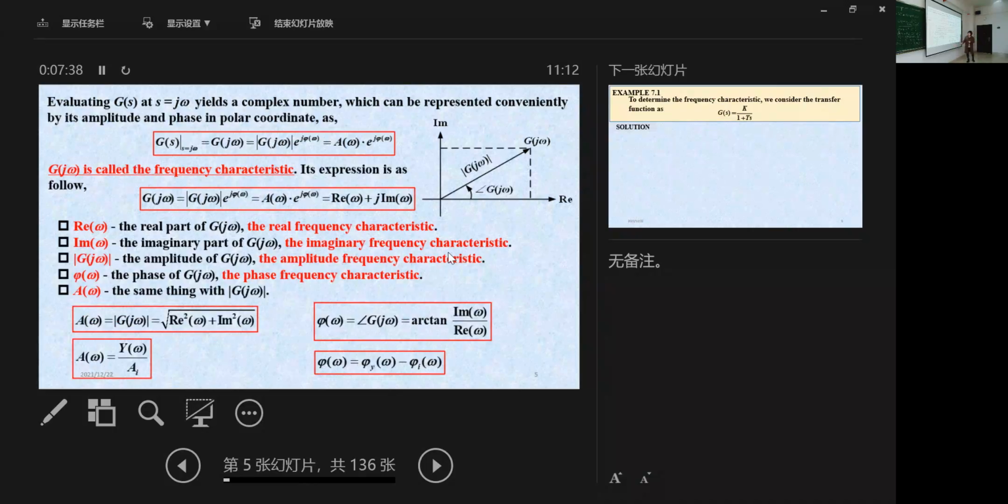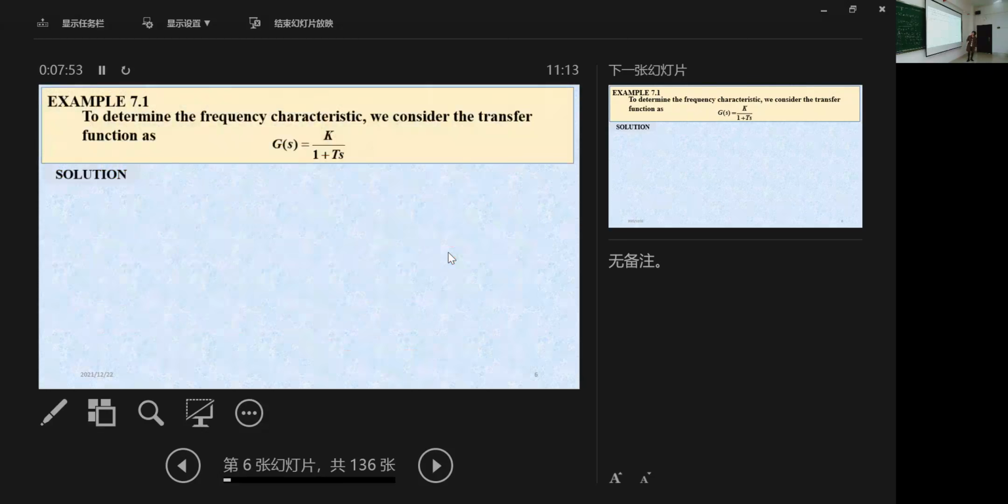And phi here is phi_y minus phi_i, where phi_i is the input phase and phi_y is the output phase. So the transfer function phase equals the output phase minus the input phase.